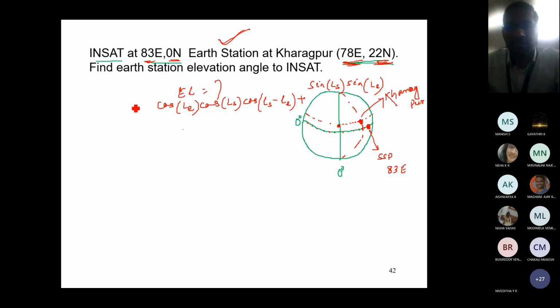Okay, so this is the equation for cos gamma.